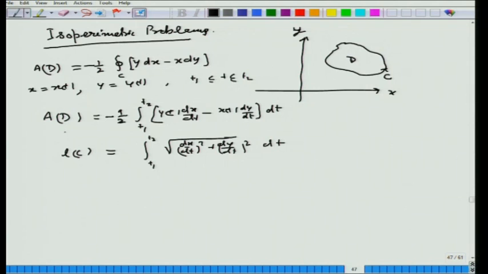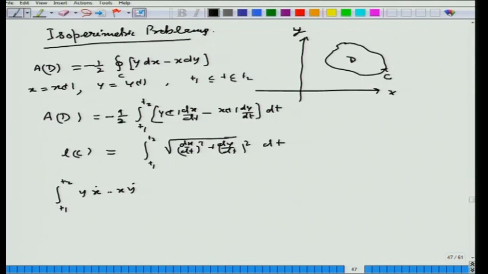So, this is what is to be done here, and so we use here Lagrange's method of multipliers, and so we can take the functional like this: the integral from T 1 to T 2 of y x dot minus x y dot, minus of this.